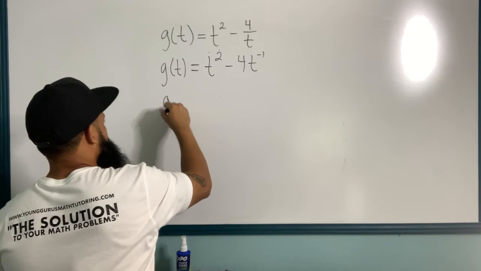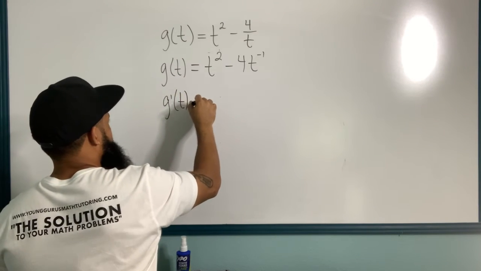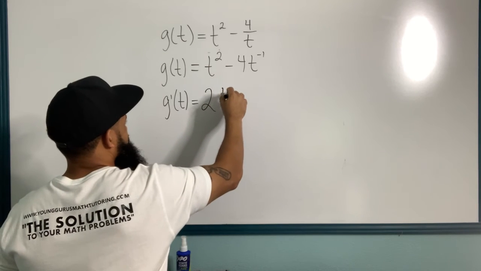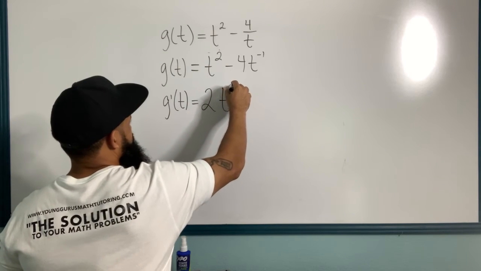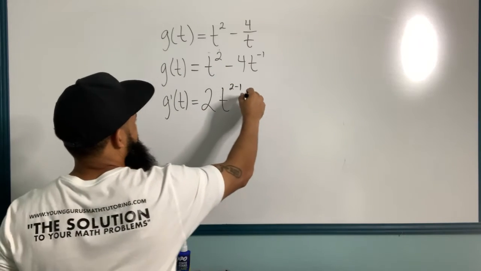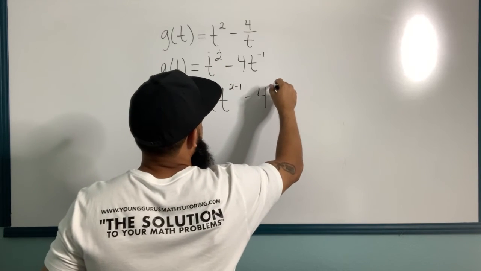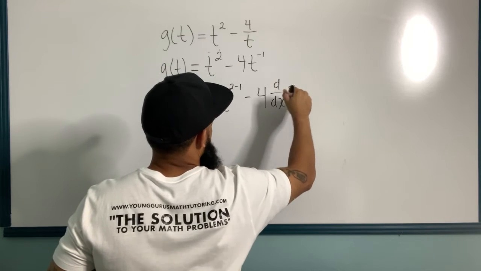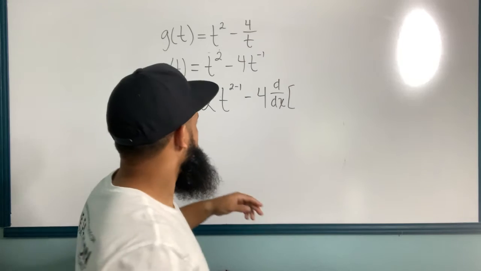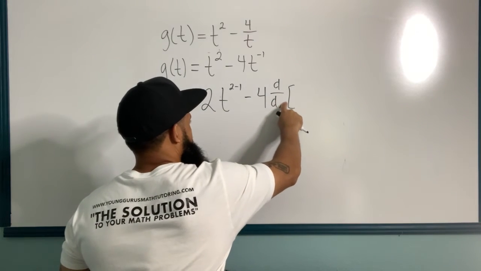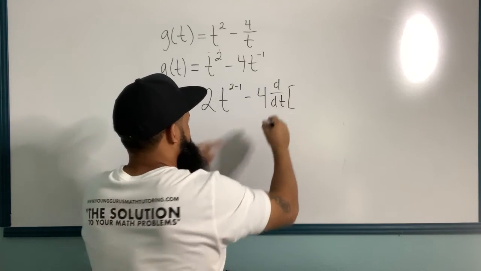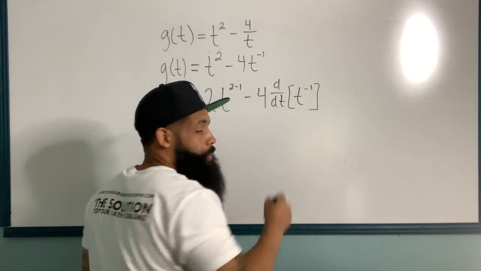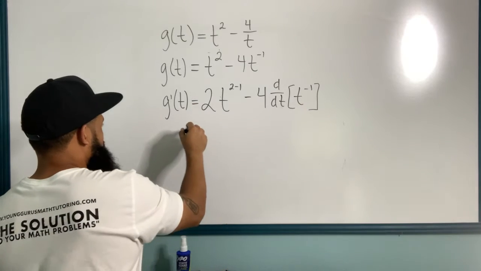So g prime of t is equal to 2t to the 2 minus 1 power, minus 4 times the derivative with respect to t of t to the negative 1 power.